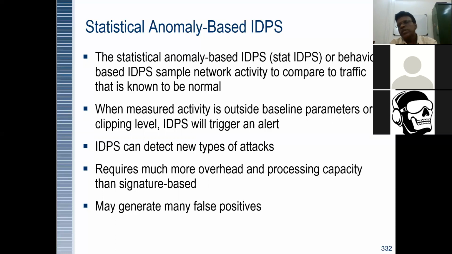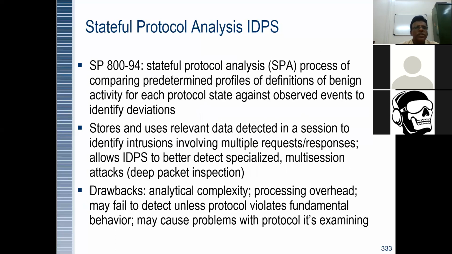See, what we observe is there should be a certain restriction, because in which way can we make a comparison from the existing database. But here, once again, the processing capability is much more overhead compared to signature based. May generate many false positives. Chances of the terminology false positive are higher compared with signature.